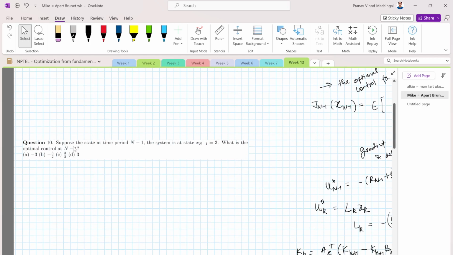So the question is, suppose the state at time period n minus 1 is xn minus 1 equal to 3. What is the optimal control at n minus 1? So we need u star n minus 1.